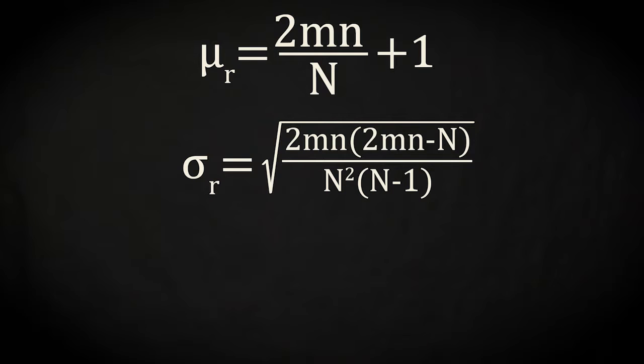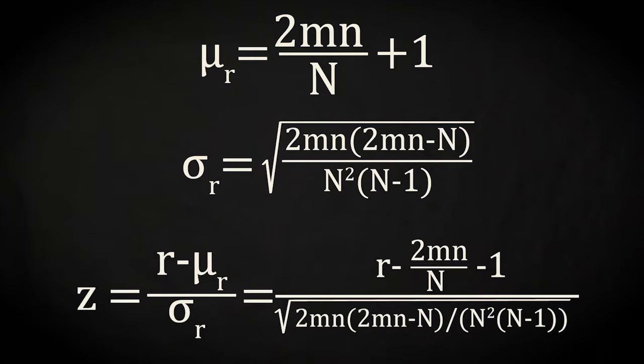M and N refer to the sizes of the two groups in the data, and capital N refers to the total sample size, the sum of M and N. Once you have estimated the mean and standard deviation in this way, you can use the z-test to evaluate whether the number of runs is extremely high or low compared to what you expect for your data set under the null hypothesis.